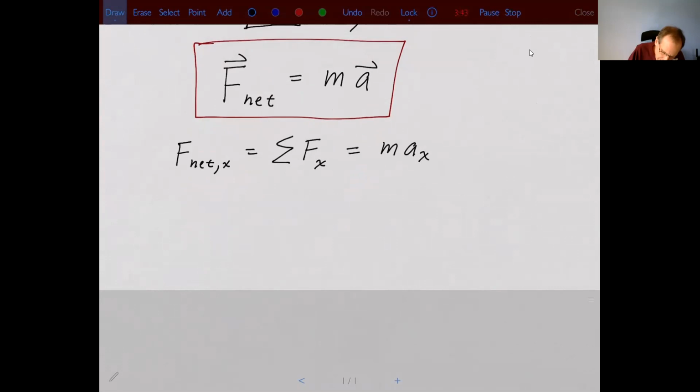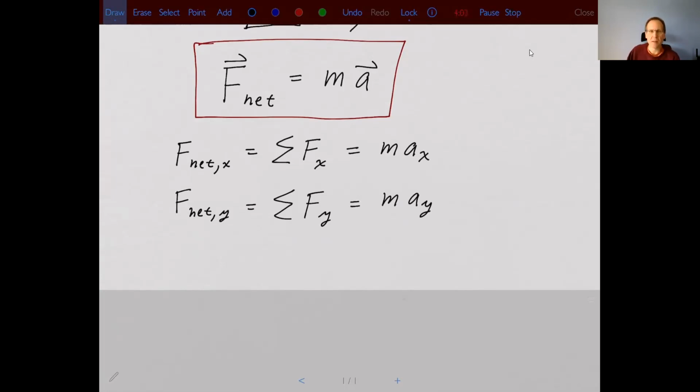And then I could also write F net in the y direction, which is the sum of the forces in the y direction, that's got to equal m a y. And if you had a third direction, you could also use z as well.